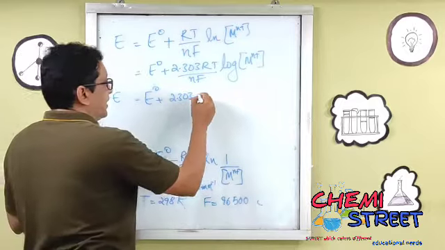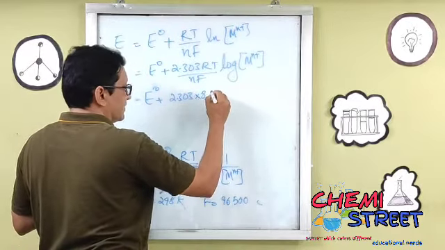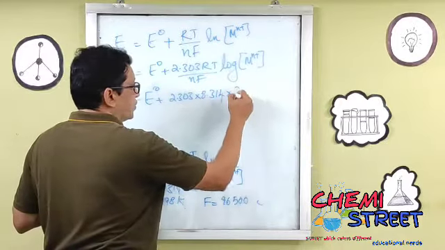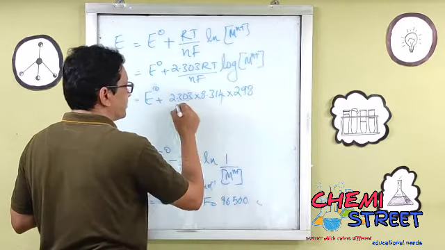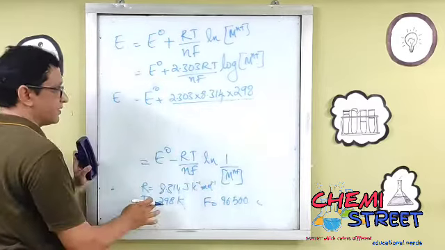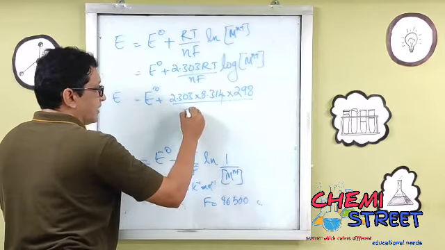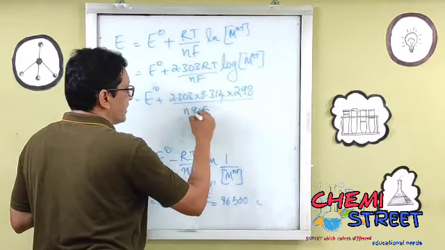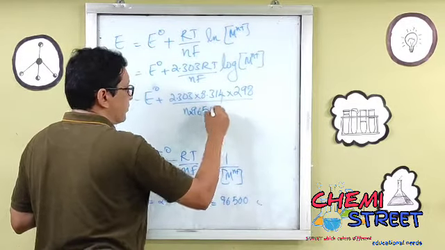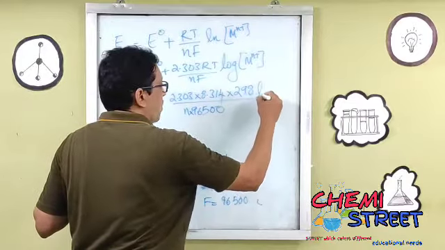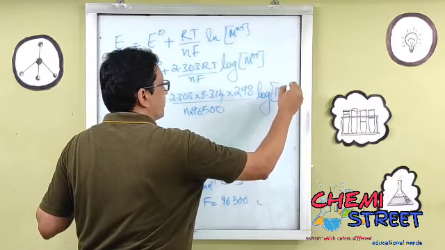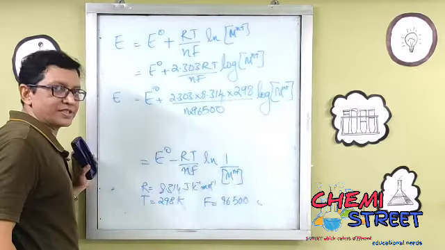Yes, 8.314 into 298, divided by N, and what is F? 96,500. N into 96,500 log molar concentration of metallic ions.